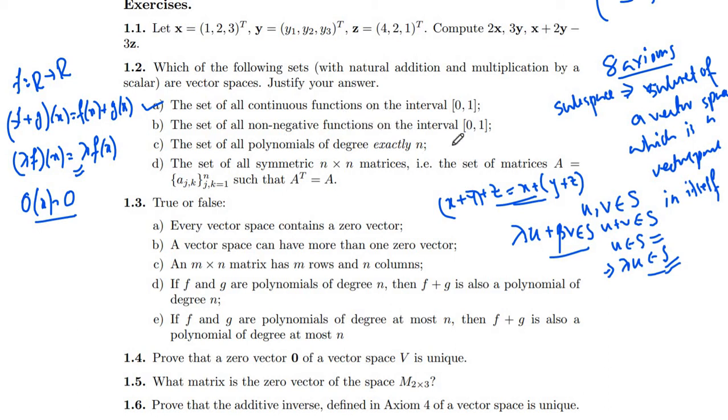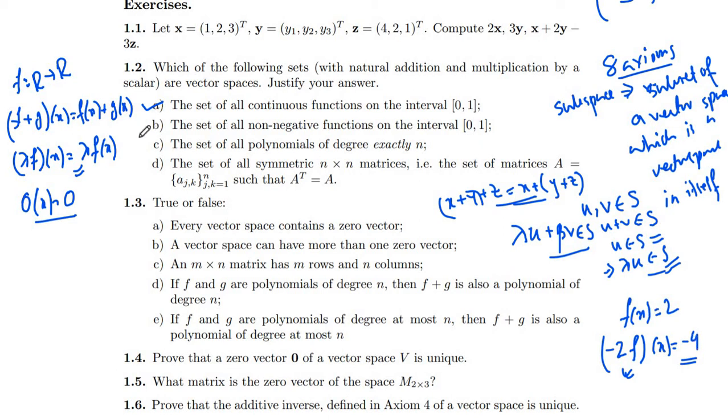If I take a non-negative function, for example f(x) equal to 2, for any x it gives me 2. I multiply it by minus 2, so minus 2f(x). Now that is just minus 4, correct? This minus 2f is not a non-negative function anymore.